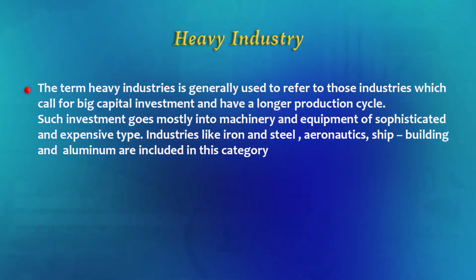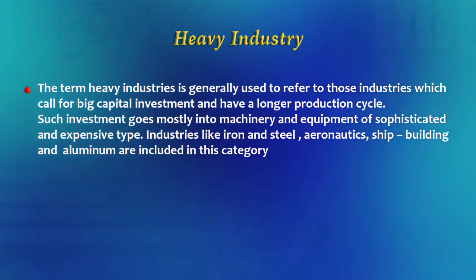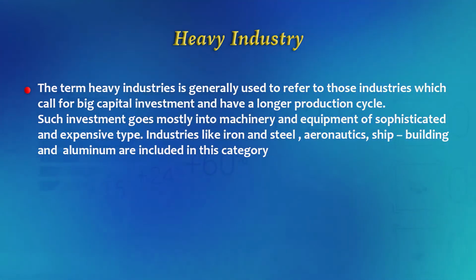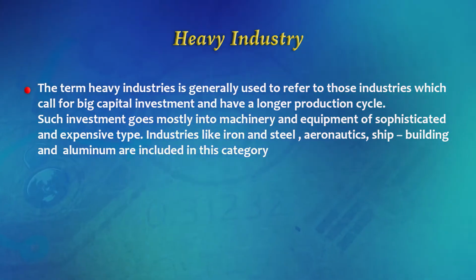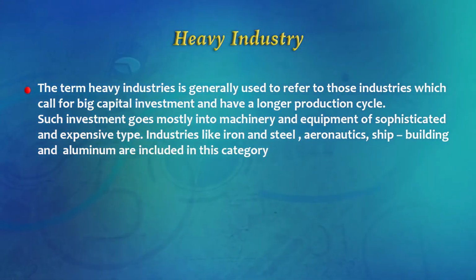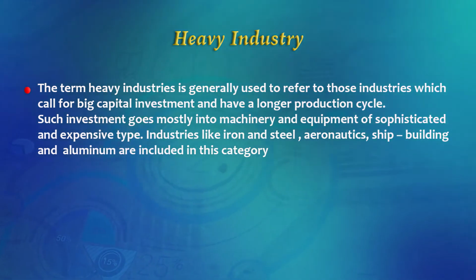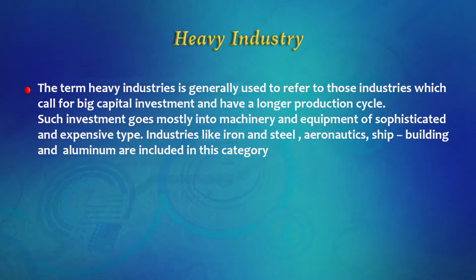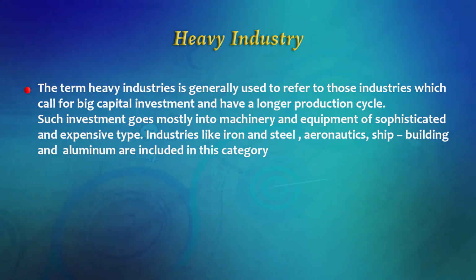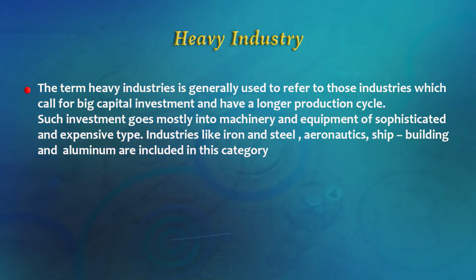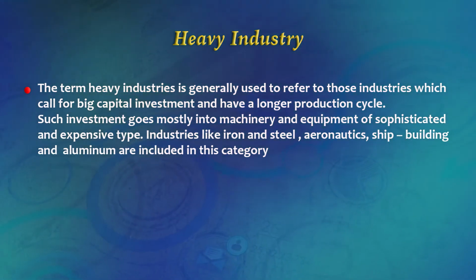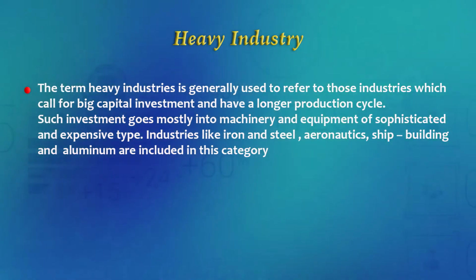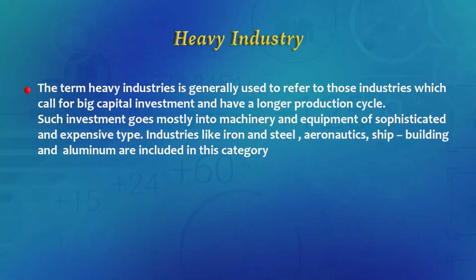Heavy industry. The term heavy industry is generally used to refer to those industries which call for big capital investment and have a longer production cycle. Such investment goes mostly into machinery and equipment of sophisticated and expensive type. Industries like iron and steel, aeronautics, shipbuilding and aluminium are included in this category.